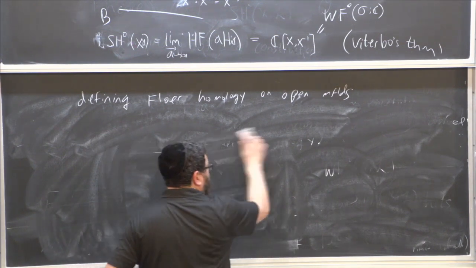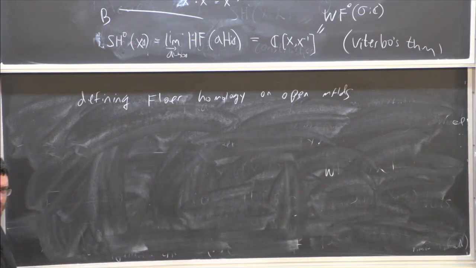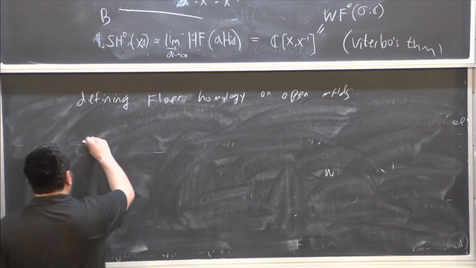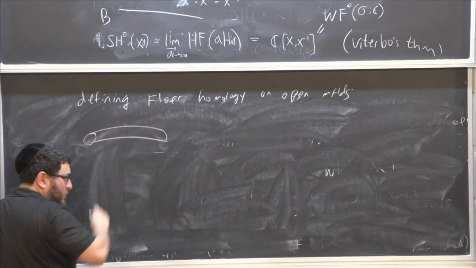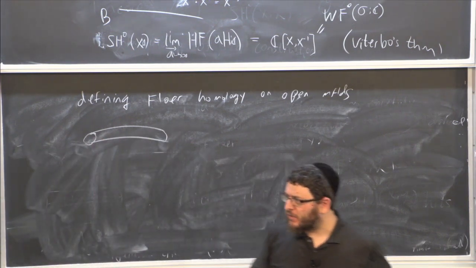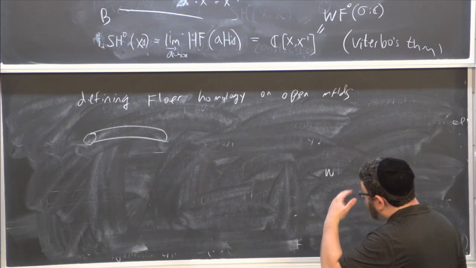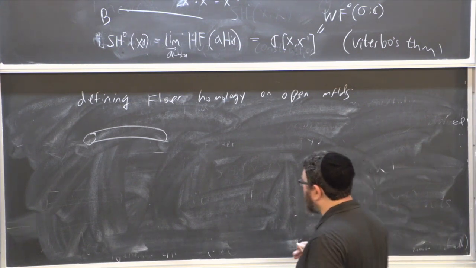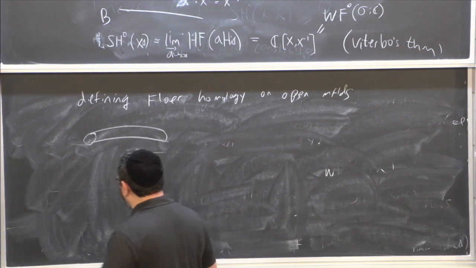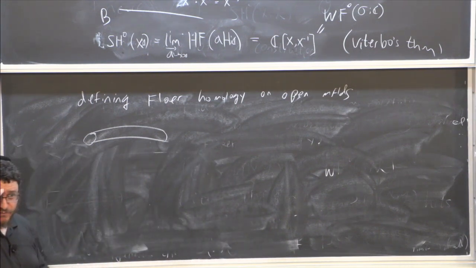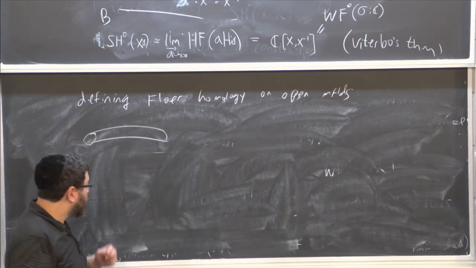Floer homology is defined by having some kind of Floer differential where we count certain Floer trajectories, but there is an issue that when you're on an open manifold, you don't have compactness results, so you might have some kind of divergence.